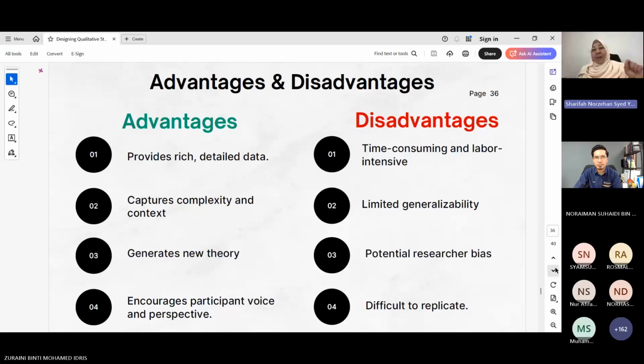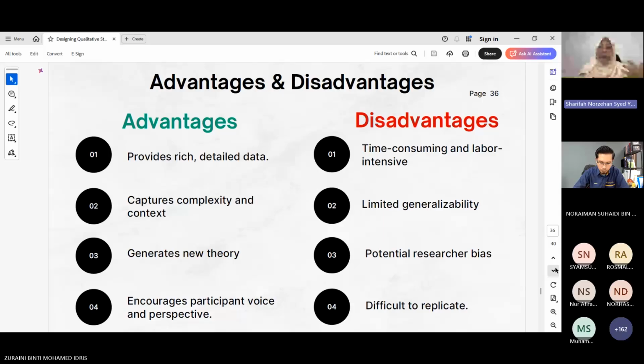Because the additional data can help you with your future articles or studies, and helps build up your career path, especially in the academic line. You can create another study, but you already have the data, so you can start to write on it. This is the beauty of qualitative research.